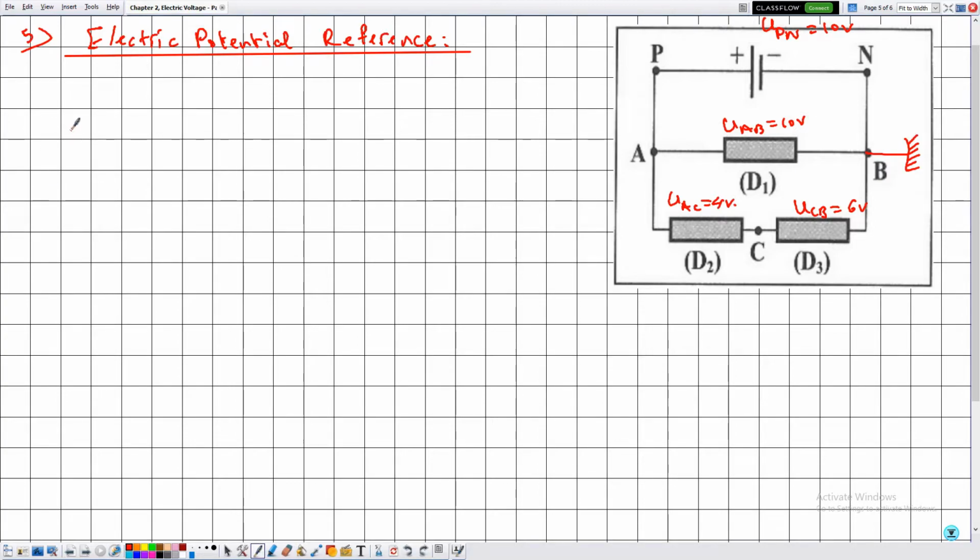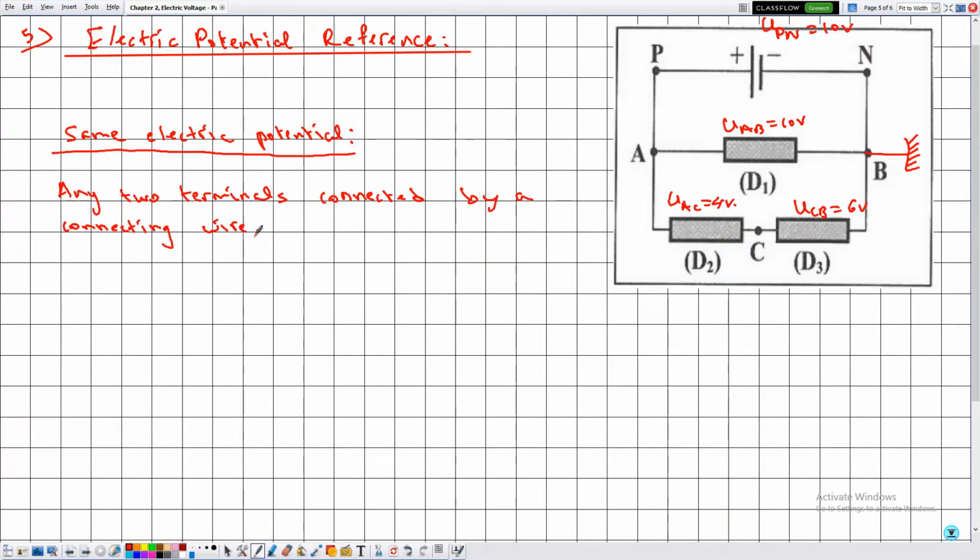So what about the same electric potential? Let me write: any two terminals connected by connecting wire have the same electric potential.